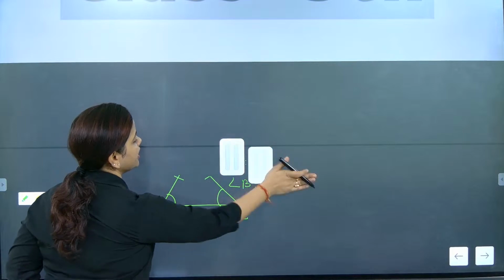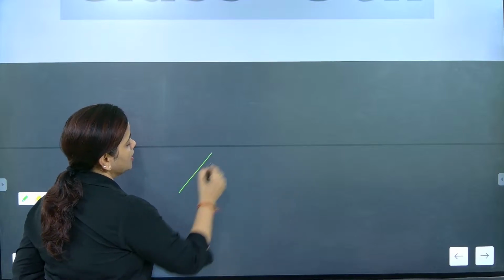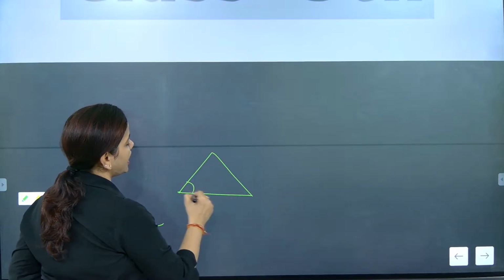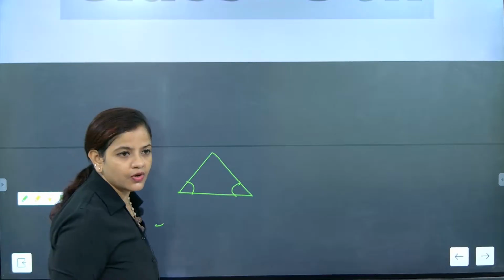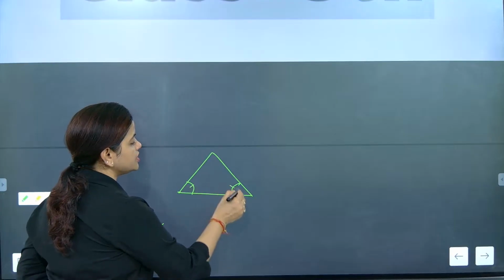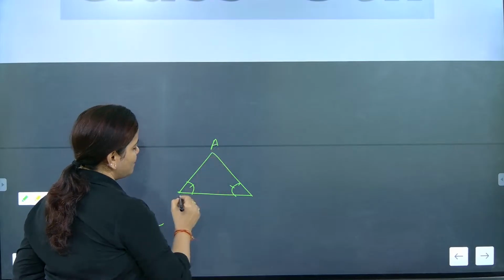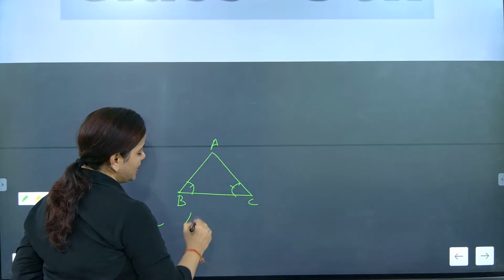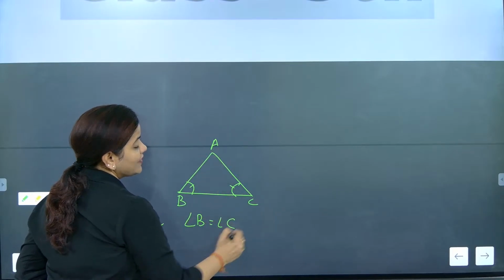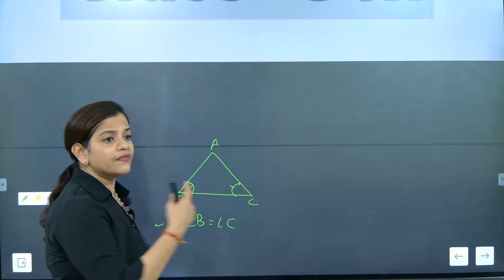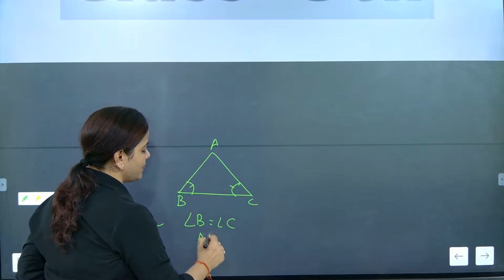Second fact is if two angles are equal. So now look here, if these two internal angles of a triangle are equal, that means this angle is equal to this angle. Understood? So that means in triangle ABC, if angle B is equal to angle C, then the corresponding sides will become equal.